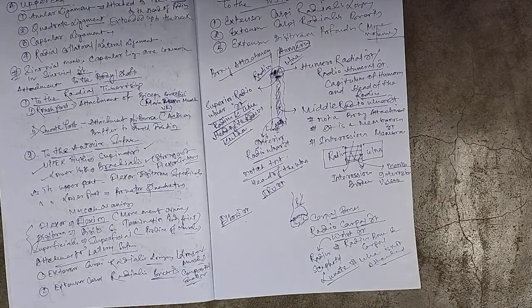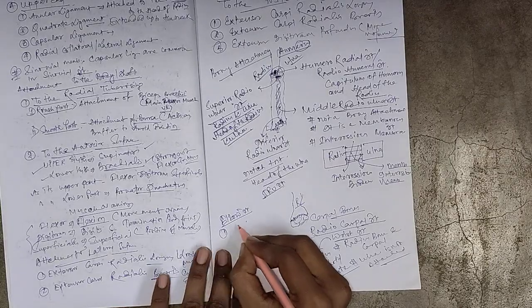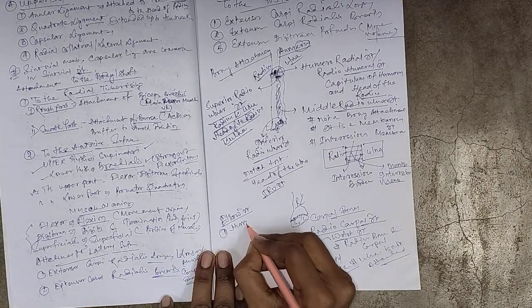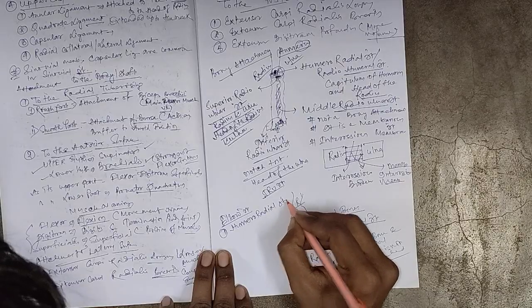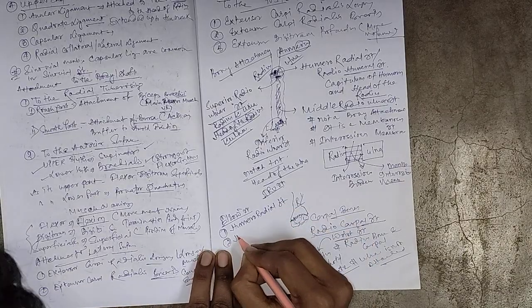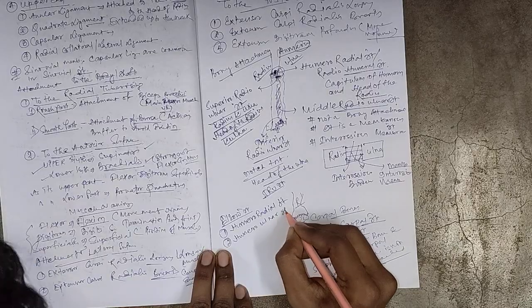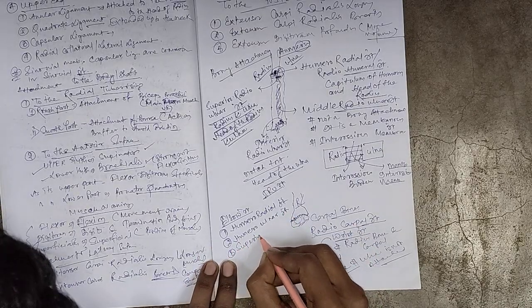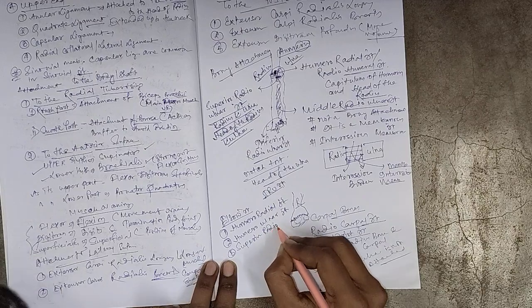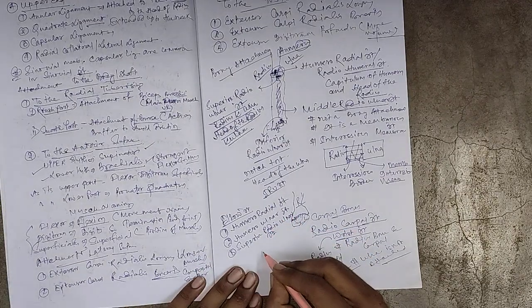And the elbow joint is formed by three joints. Number one, humeroradial joint. Humeroulnar joint and superior radioulnar joint.